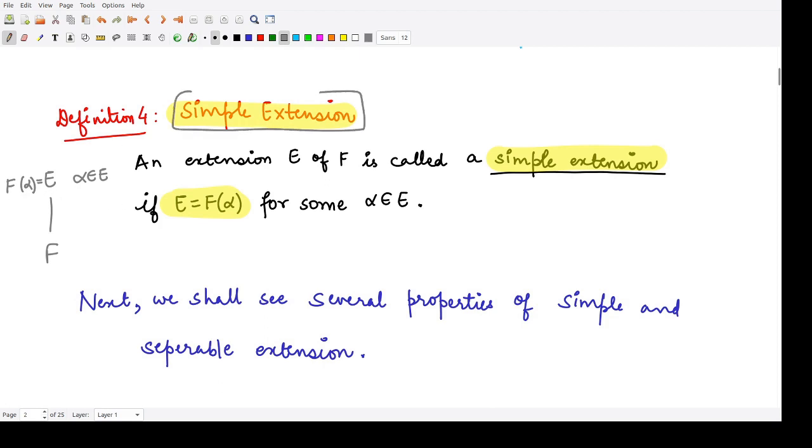Simple extension means you are just adjoining one simple element to the given field.